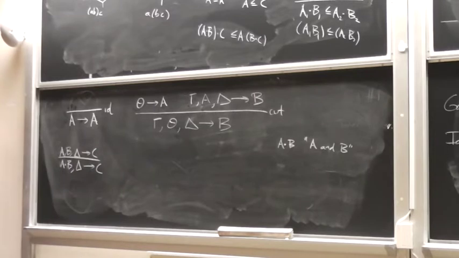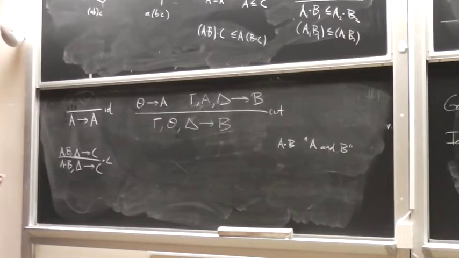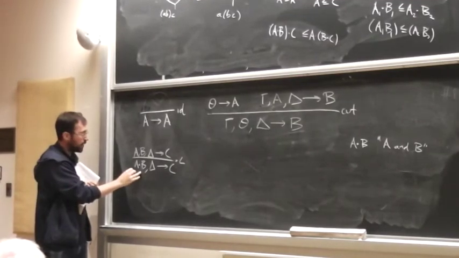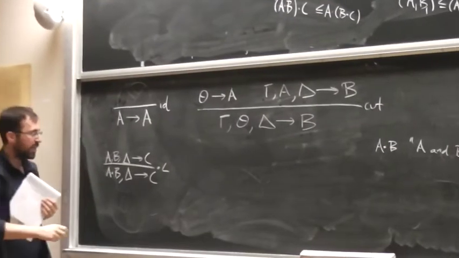Just writing it down, this is called the left rule for the product. If you read it going from the bottom to the top, it's taking a product and turning it into a comma. So we have a list of formulas here. We have A times B, and then we have a list delta, and we break up A times B into two formulas, A and B, at the left of the context.